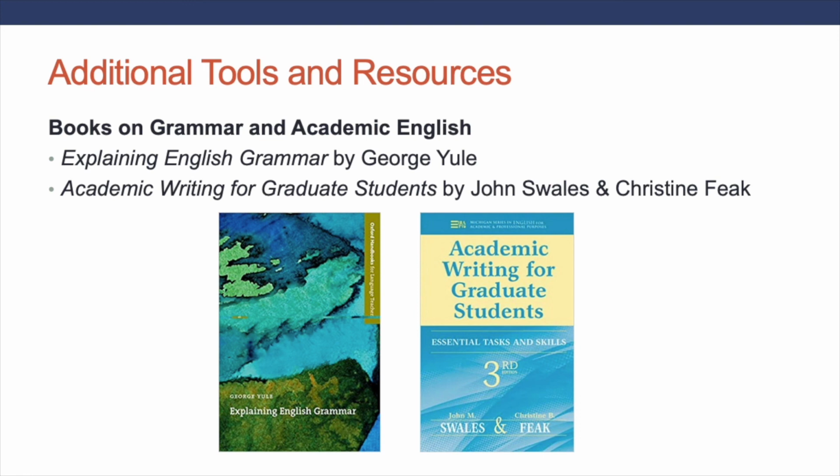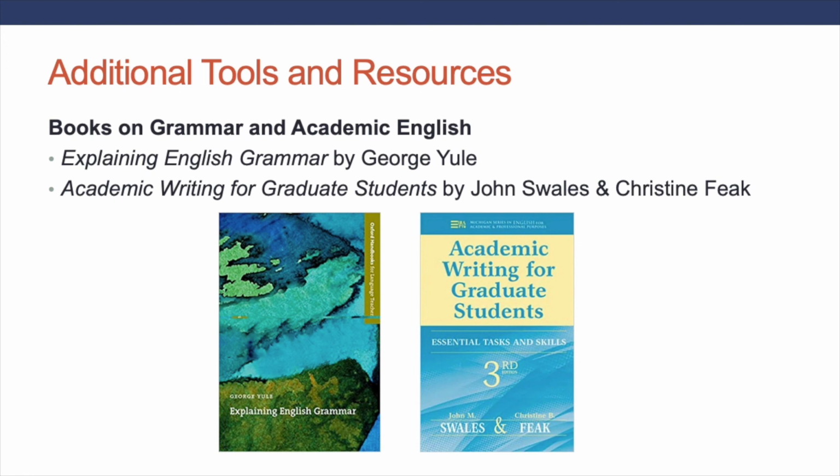We also highly recommend the books shown here, if you're able to order them. Explaining English Grammar by George Yule is a really great comprehensive review of all things English grammar with some really helpful explanations of some of the more difficult aspects of grammar, including articles.